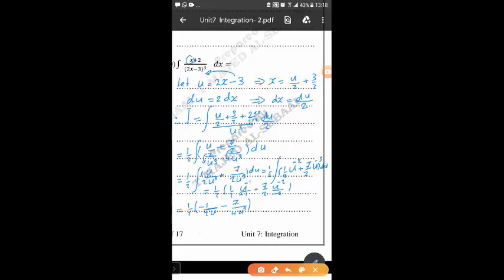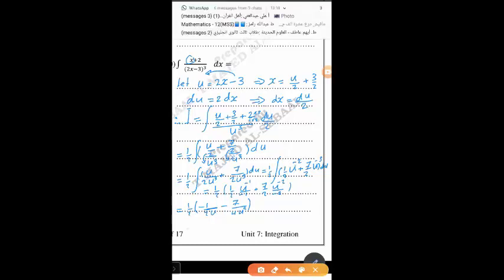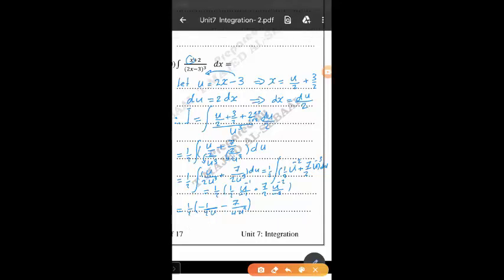You understand how I did that? Yeah. Equal 1 over 2 times minus 1 over u minus 7 over 4u squared. What is u? It is 2x minus 3.